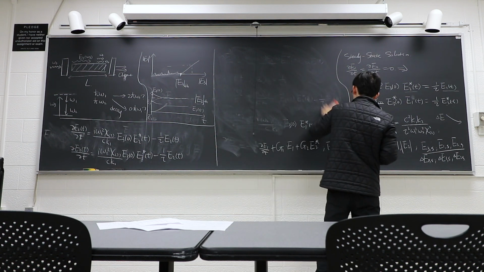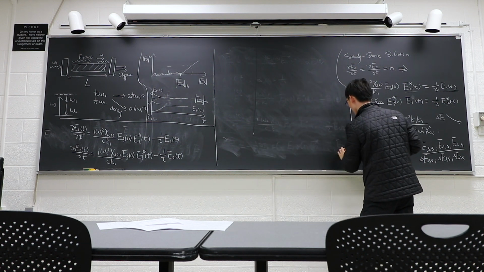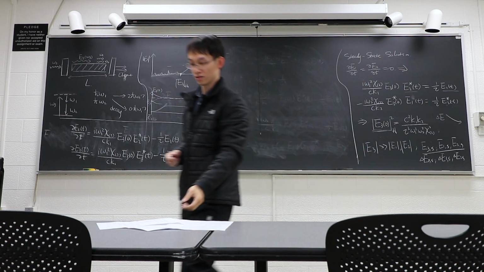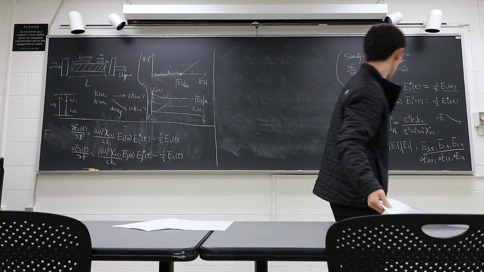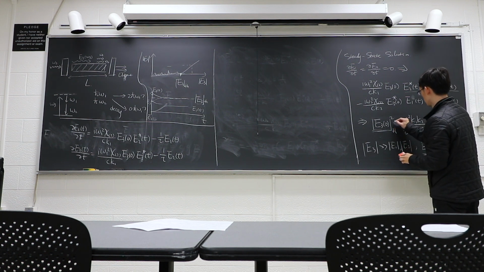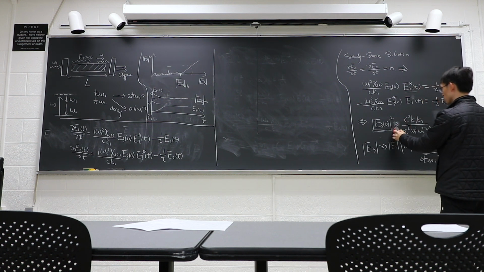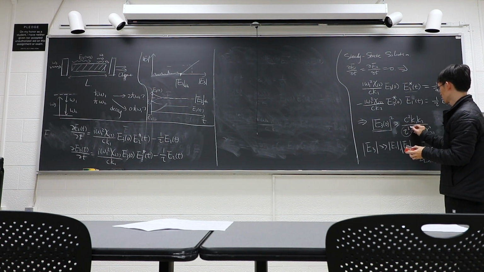Now let's introduce a formal way to solve for the threshold. By the way, you guys can see the gain here, right? The lasing condition is this one larger than this, but this is loss.